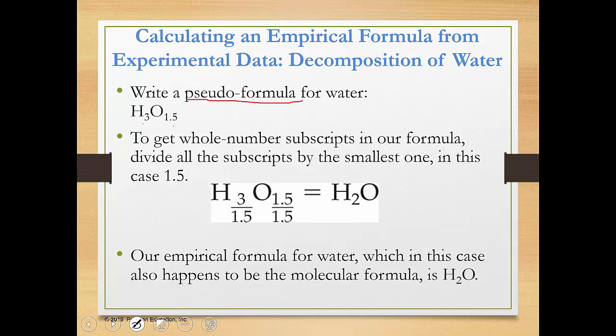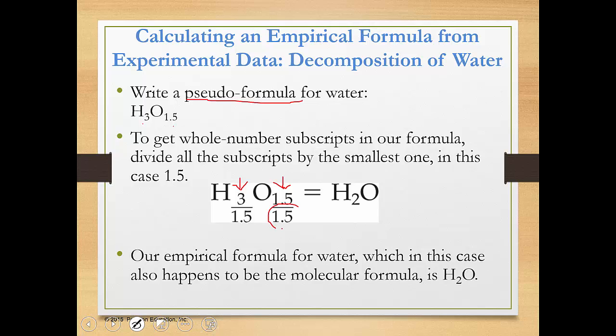I know that I can't have 1.5 atoms of oxygen when I write this formula. Remember, it also has to represent the number of atoms that are in relation to one another. So I had the H3 and the O1.5. When I start dividing through, what I do to one, I have to do to all.